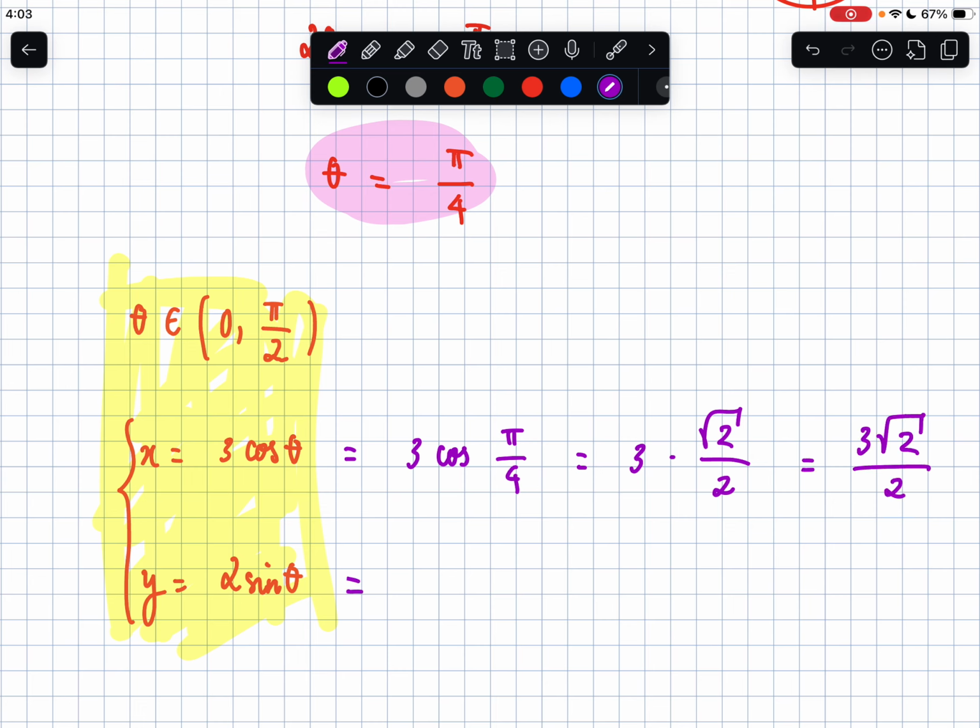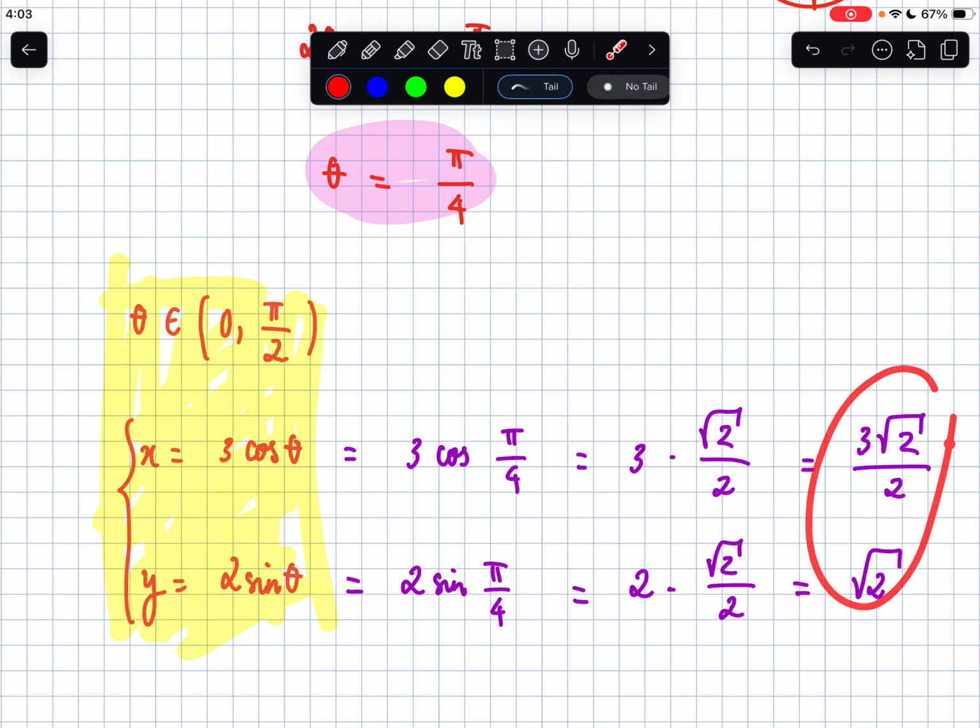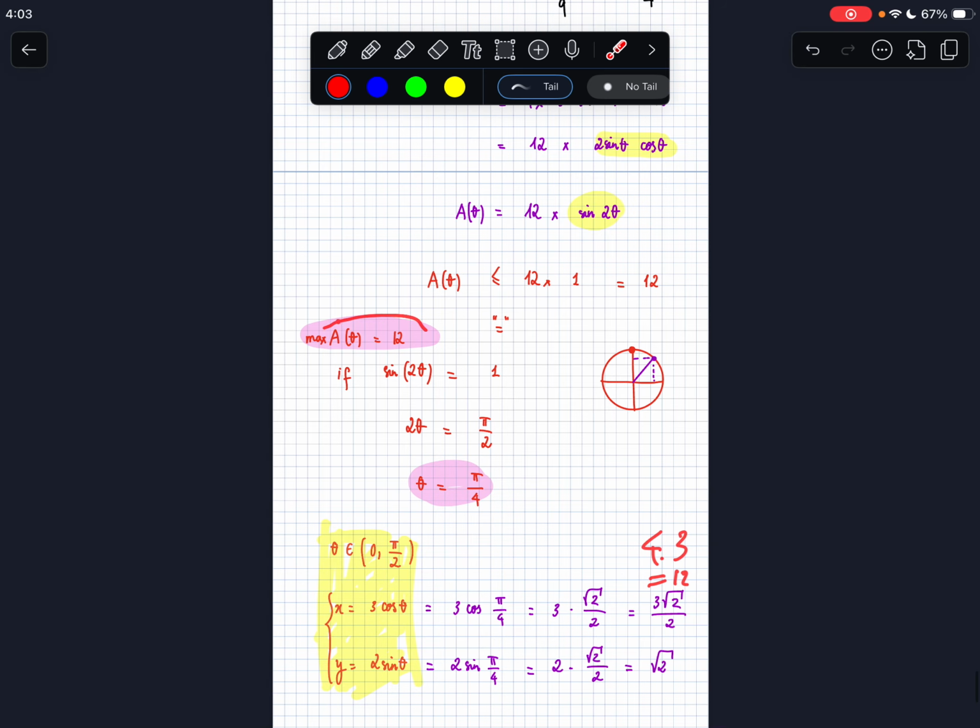And y is 2 sine pi over 4, which is 2 times root 2 over 2, which is root 2. So you see that 4 times xy, with x times y equal to 3, 4 times xy equals 12, which is the maximum area we have.